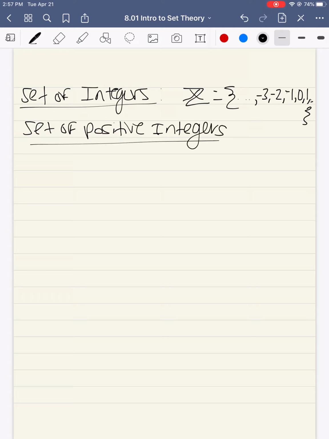So the set of positive integers is just Z, the same Z, but then it has this plus sign as an exponent here. So this is everything from 1 and up. So you'll notice that 0 is not included here, and that's because 0 is not considered positive, nor is it considered negative.